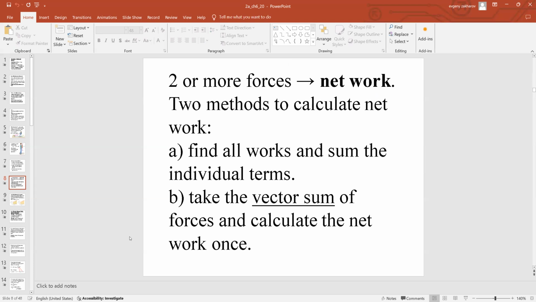Or a problem would say, find the net work. And that means you have to find all the works combined. Doesn't really matter. You still have to be able to do both scenarios and calculate work done by all the forces anyway.